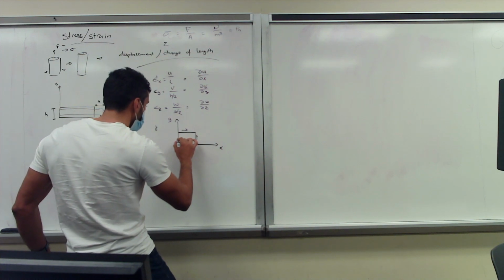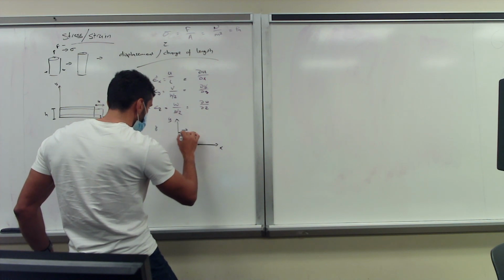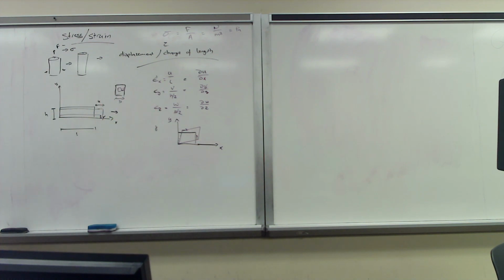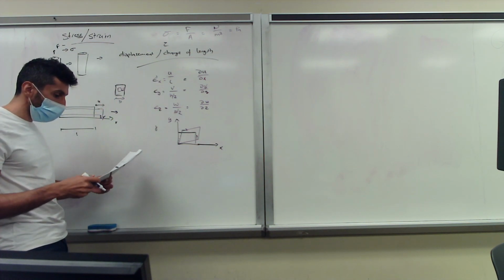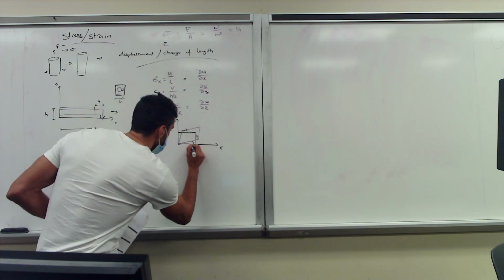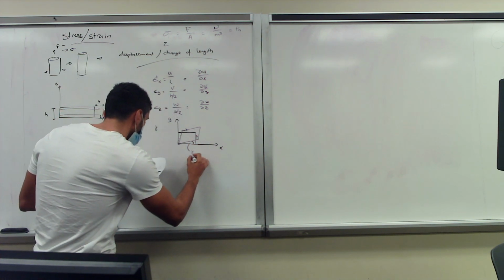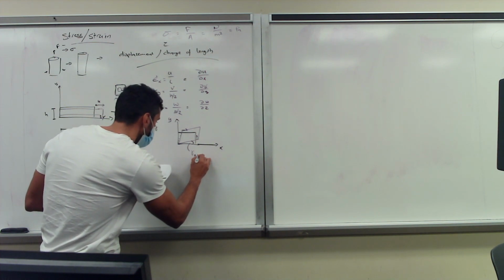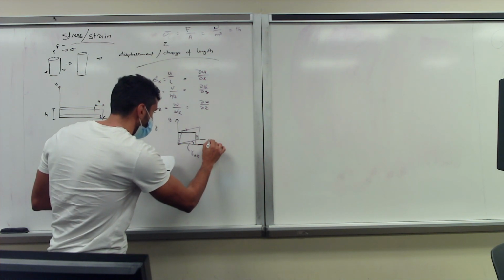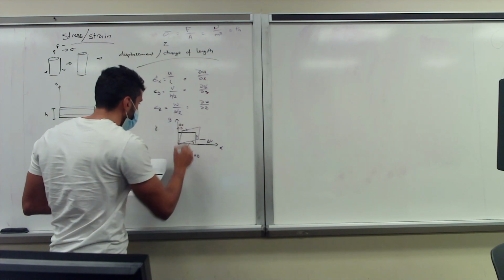If we do that, we notice that the lengths remain the same, but the shape is changed. This angle here is a measurement of how much the shear strain is, in this case gamma xy. We can define a parameter, in this case delta v, and a change in length or coordinate transformation, delta x.